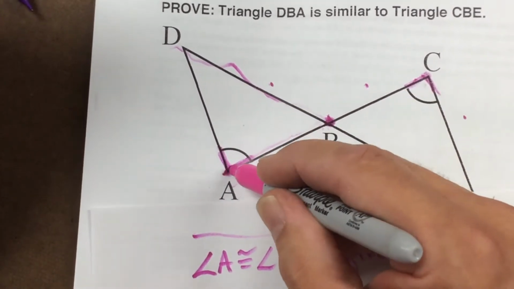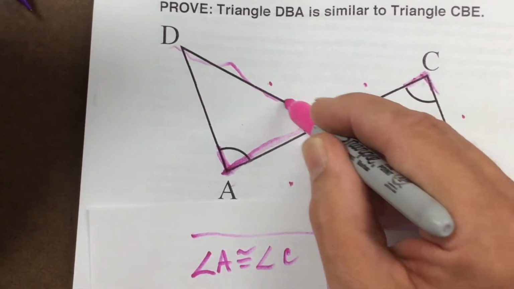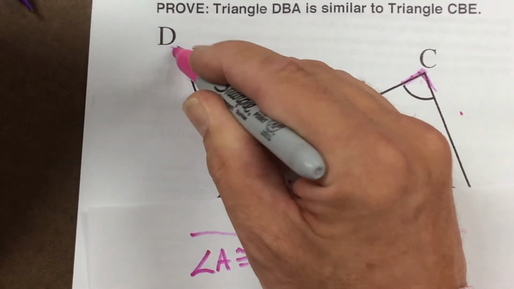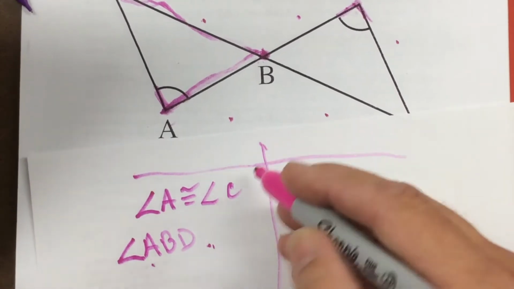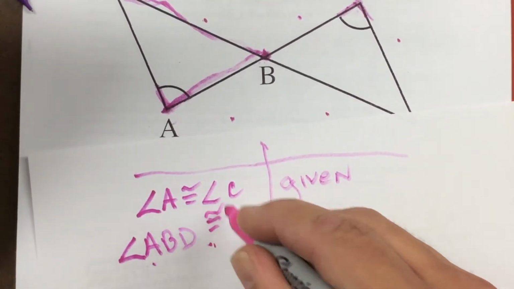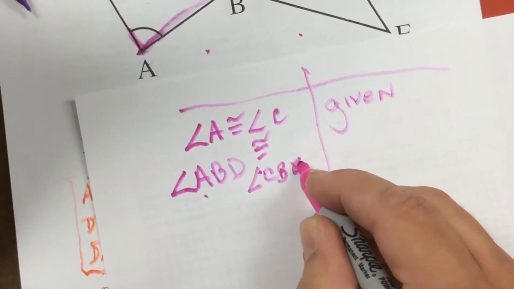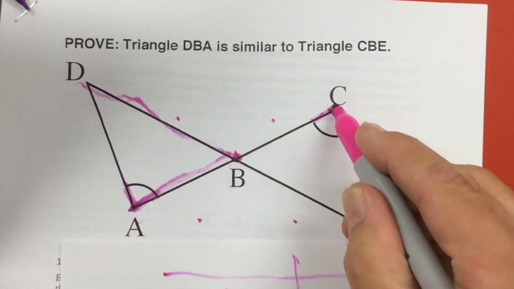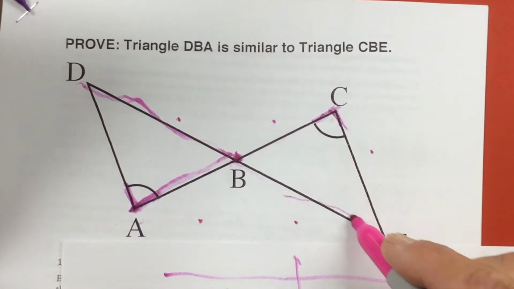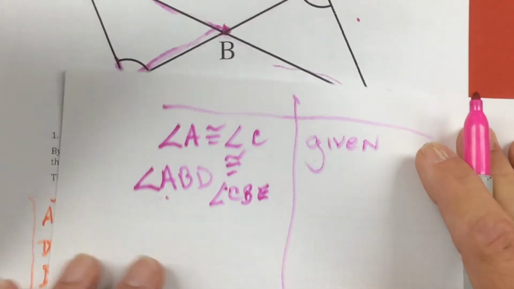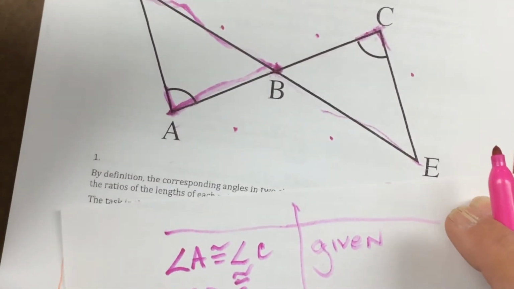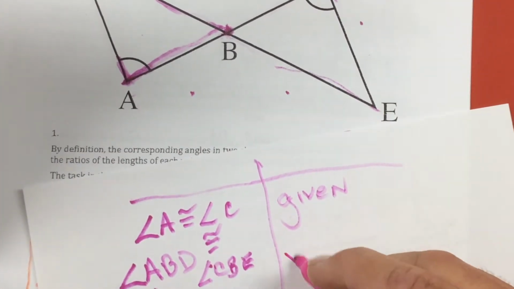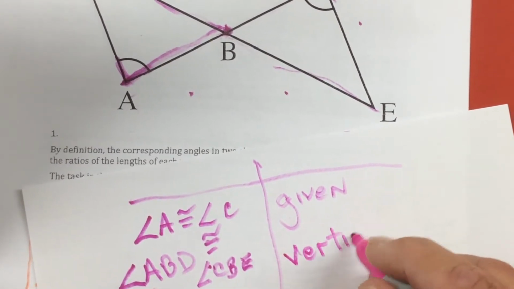I need 3 points, A, B, D. Basically, what you're doing is telling me how to trace it so I can find what angle you're talking about. And that's going to be congruent to angle CBE. And why is that? How do I know they're going to be congruent? Nope. They're vertical angles.